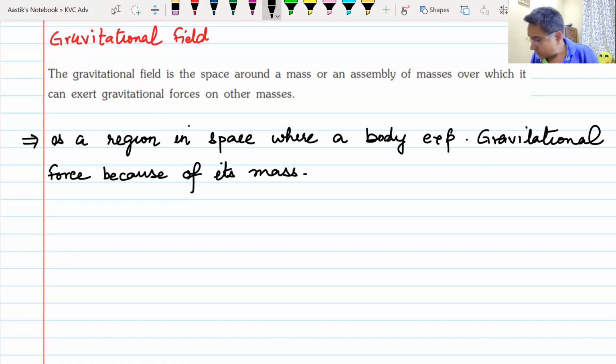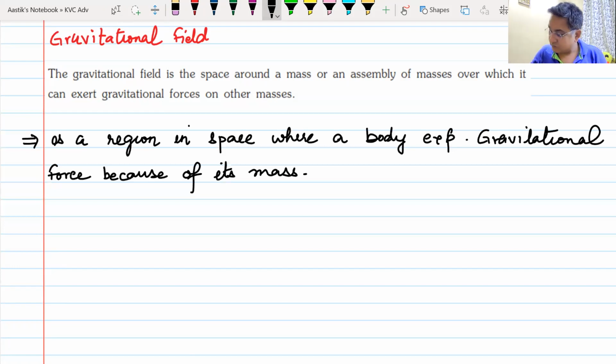So, if you find any region where a mass is experiencing force, then you will say that this region has a gravitational field.